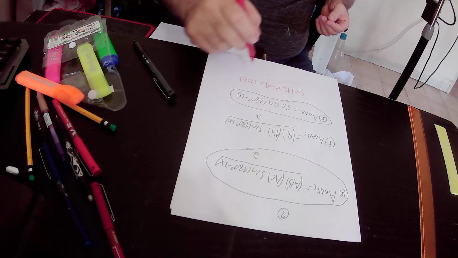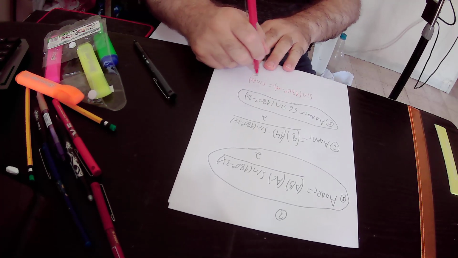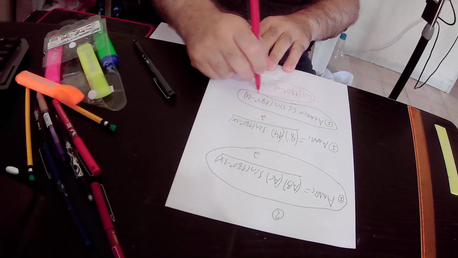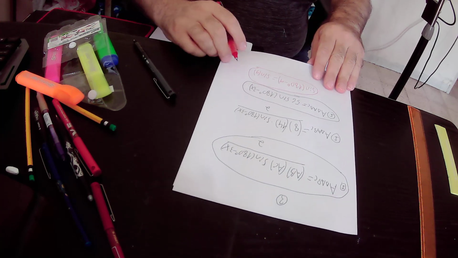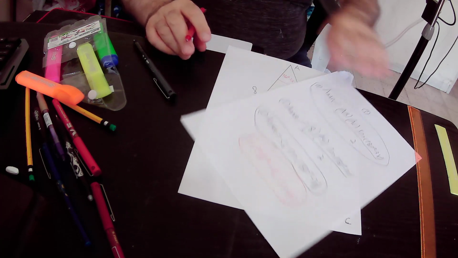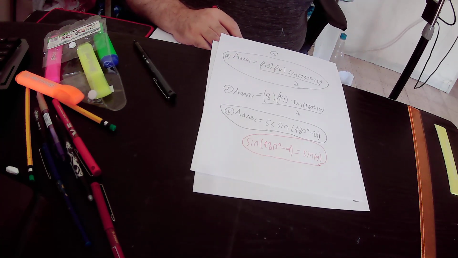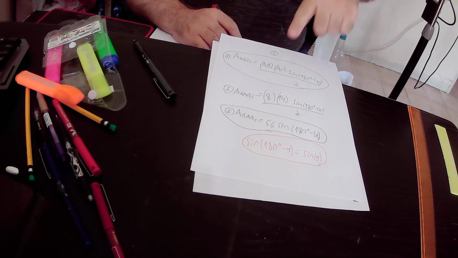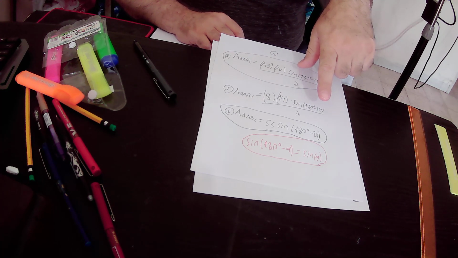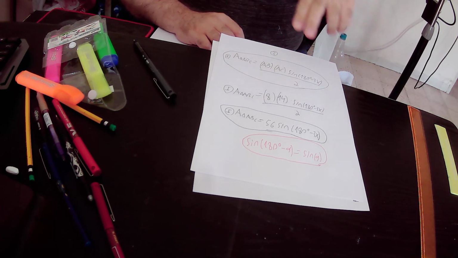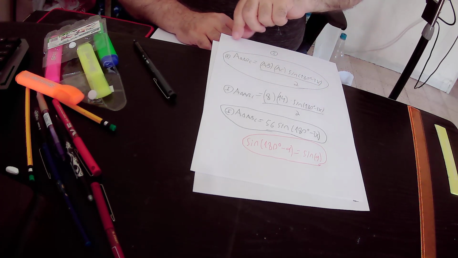So according to this trigonometric identity, sine of 180 degrees minus 3x equals sine 3x.